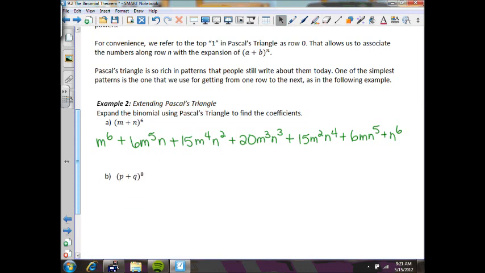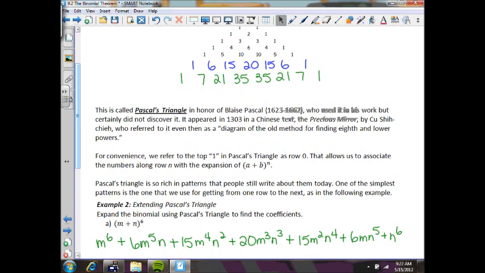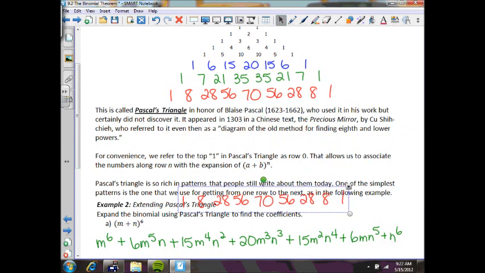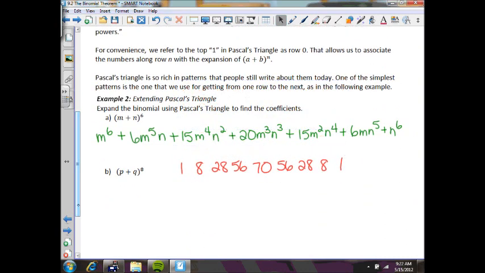Now, if we have to do p plus q to the 8th, we can simply add another row here. So 1, 8, 28, 56, 70, 56, 28, 8, 1. So that's what we're going to have there. I'll keep this here just for guidance.